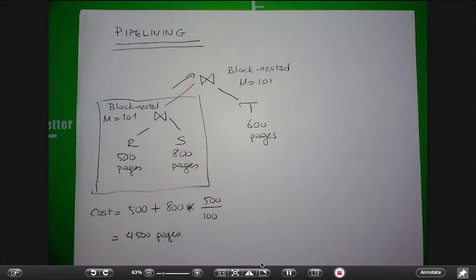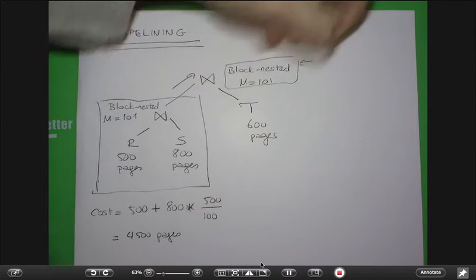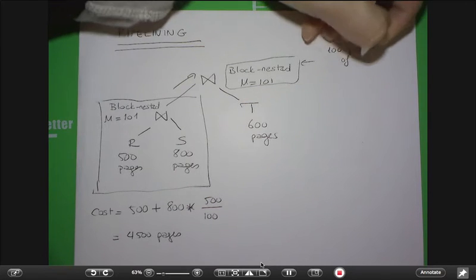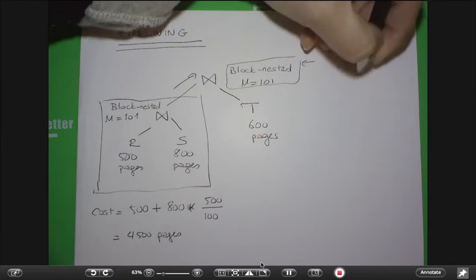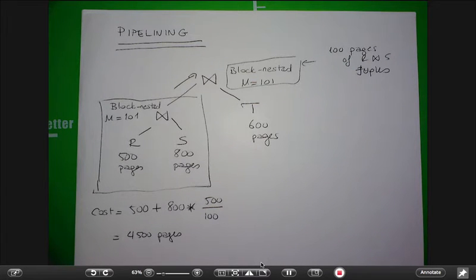Given that this is block nested loop join, I'm going to read 100 pages of R join S tuples. Once that is filled, I'm going to read T one page at a time, do the join over all tuples of T, and output it.